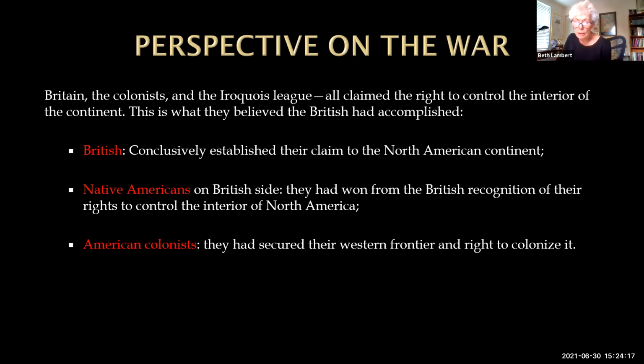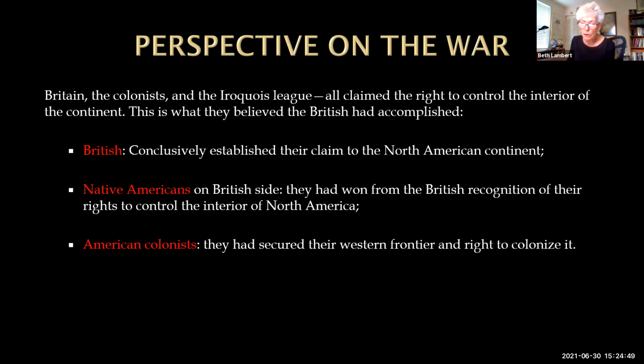The British government, in order to proclaim peace, put in what they call the Proclamation Line. And that was down the Appalachians. And they forbade colonization west of this Proclamation Line for the immediate future, because they wanted the Native Americans to take their land and settle it there.